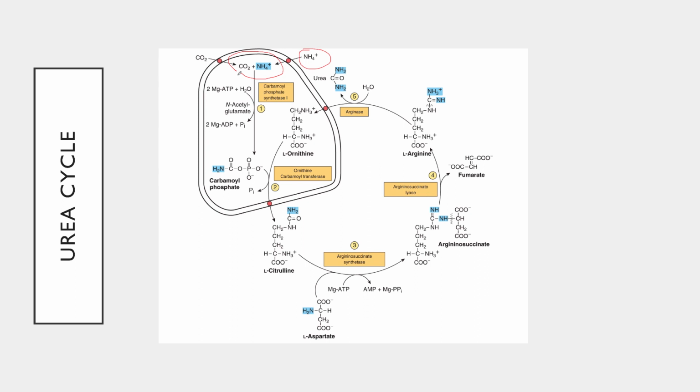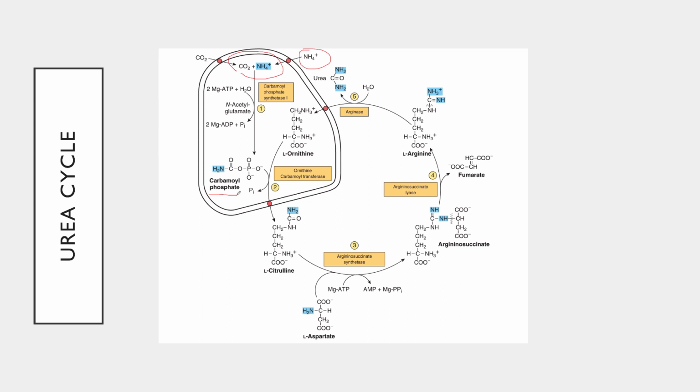So you'll notice that the urea cycle, which occurs in the liver, spans both the mitochondrial and the cytosolic compartments. Initially, the free ammonium diffuses into the mitochondria and is combined with carbon dioxide to generate our initial product, which is carbamyl phosphate.